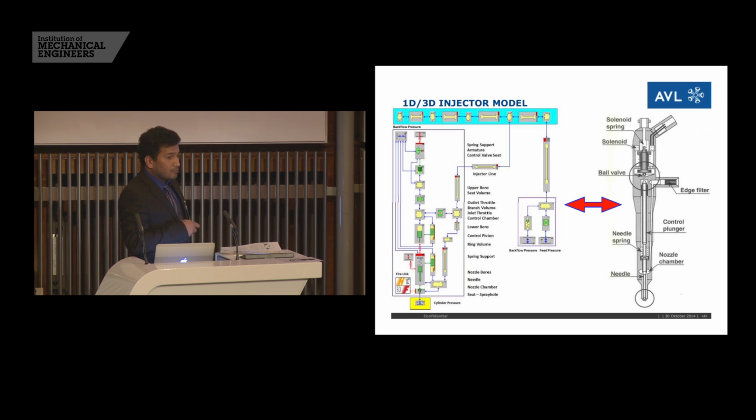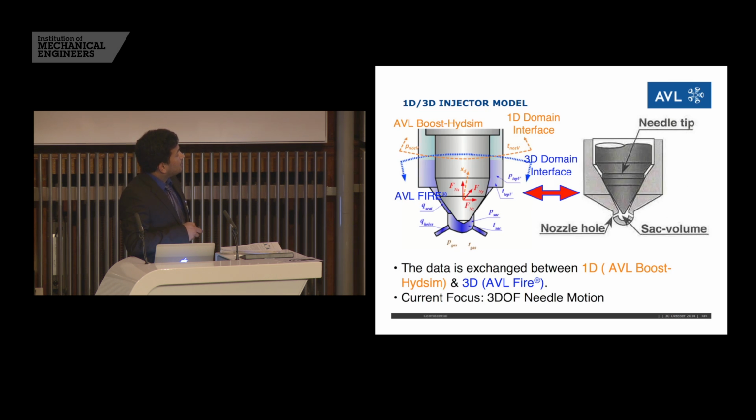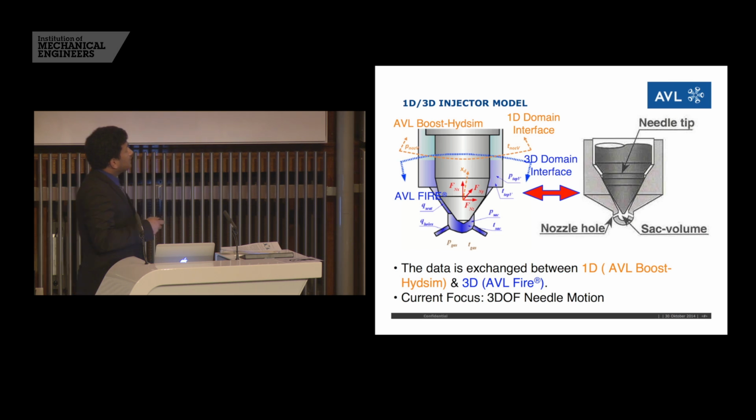This 1D solver is the BOOST Hydsim solver, and there is an interface here which transfers the data from the 1D to the 3D solver. The more important section is near the nozzle tip, where the exchange of data is happening near the interface.